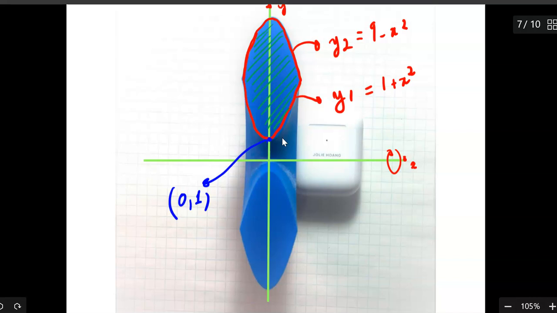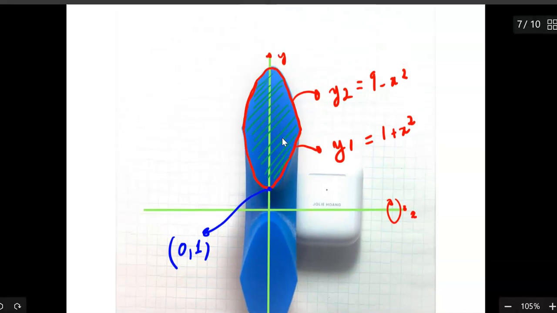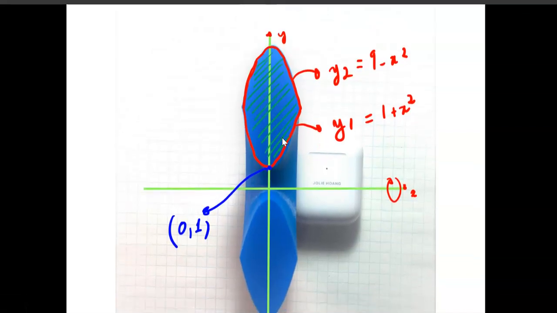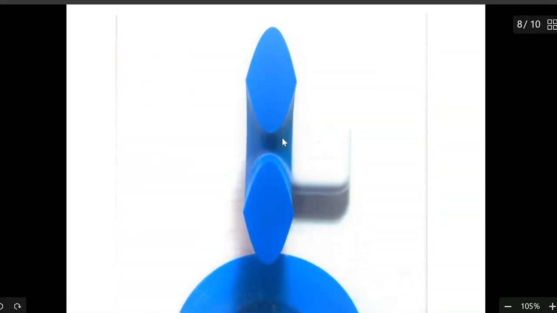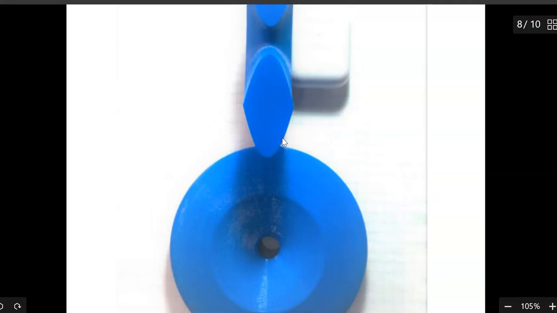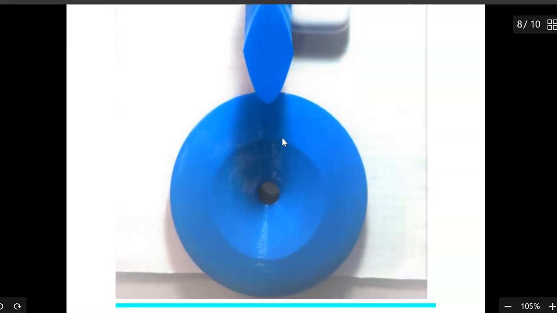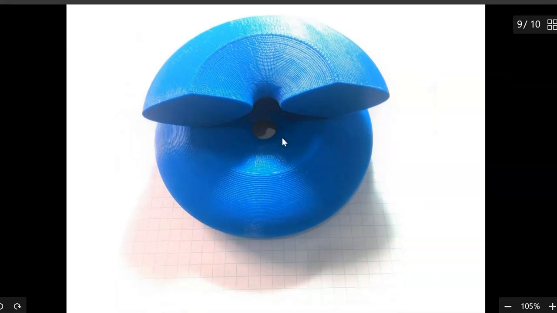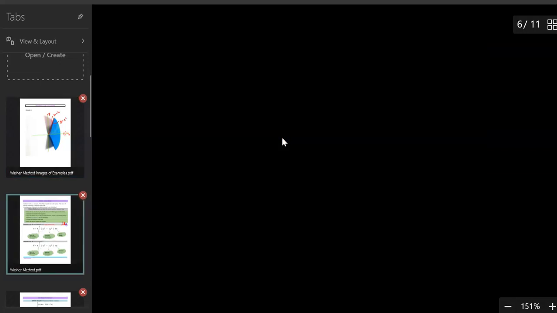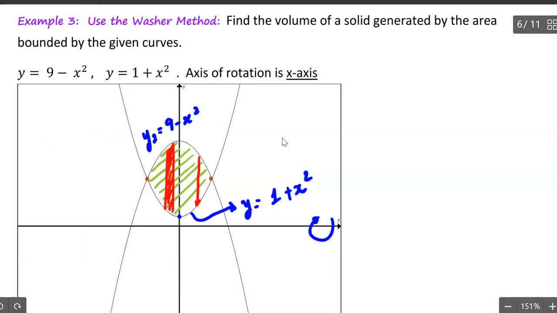This is the 3D image of the cross-section area, and I cut it in half. This one shows that this is a half, this is the full shape right here, and then I put them on top of each other. It looks like that. So let's get back to our example, and then we calculate the volume of this solid.